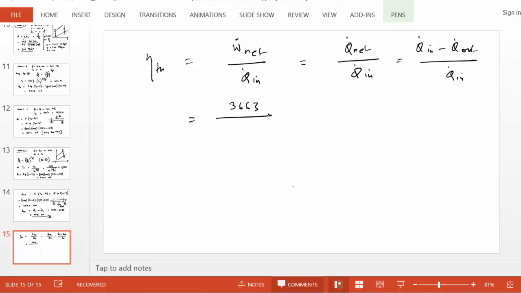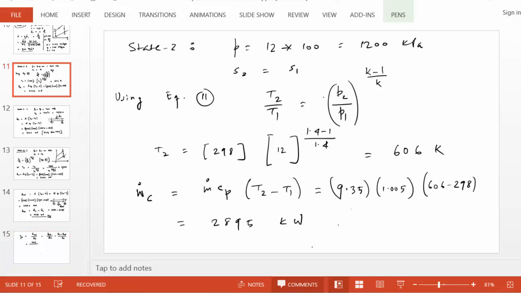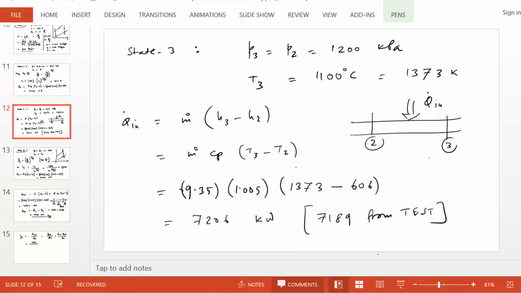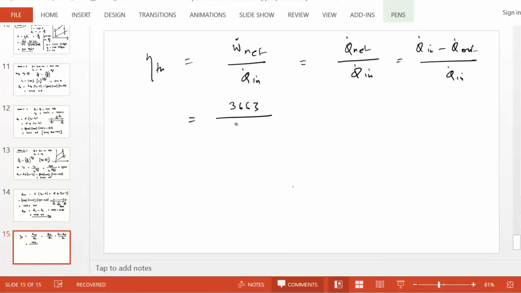And Q dot in is how much? I believe we did that a couple of slides ago. Q dot in was 7206. So the efficiency is, let's do the division, 50.8%. It's standard practice to express that in percent instead of a fraction.